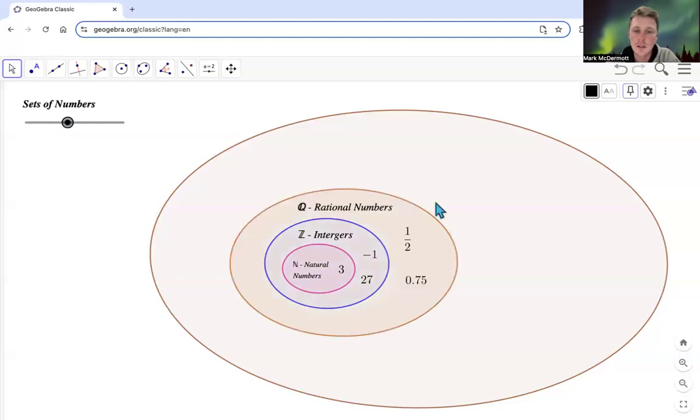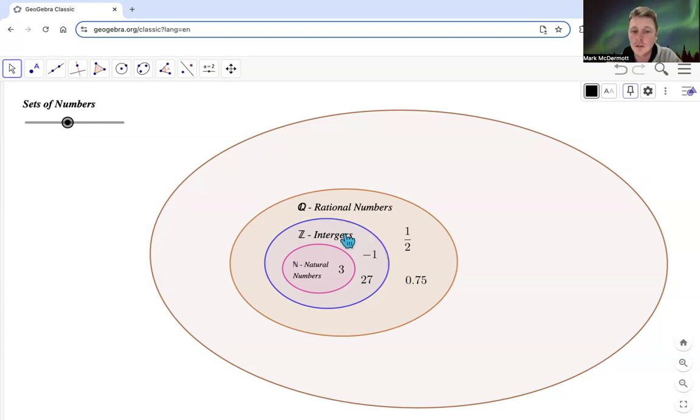Okay, let's keep going. The next set that's larger than that are what's called rational numbers. Rational numbers are any number that can be expressed as a ratio. So the key is in the word there, as a ratio. So 1/2 would be the ratio of 1 to 2, so it's considered a rational number. 0.75 is 3/4 as a fraction, so that would be a rational number, can be expressed as a fraction, can be expressed as a ratio.